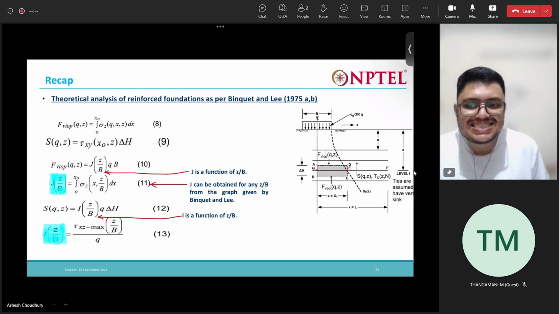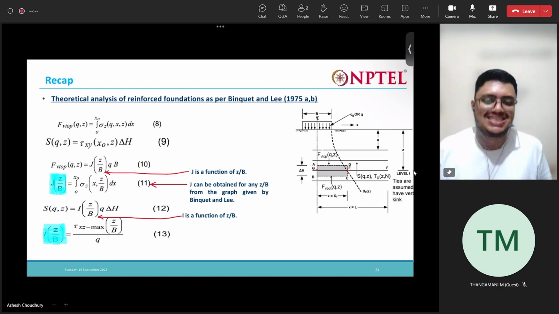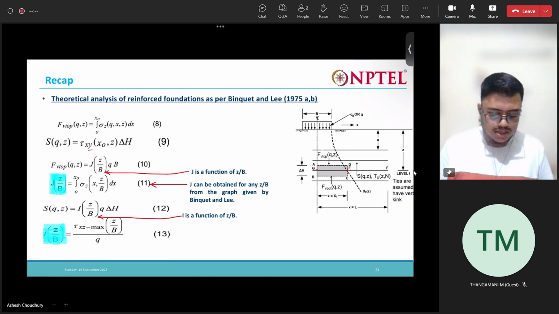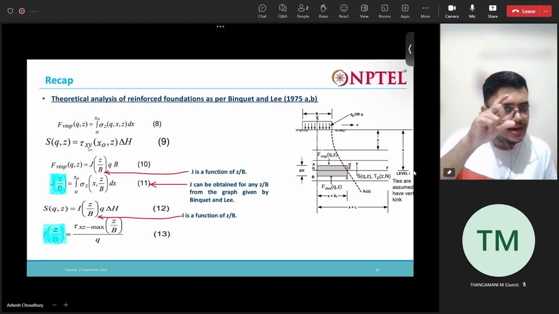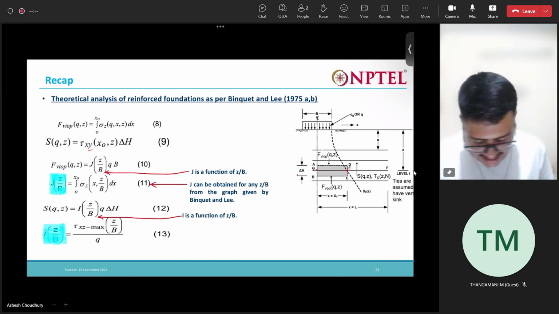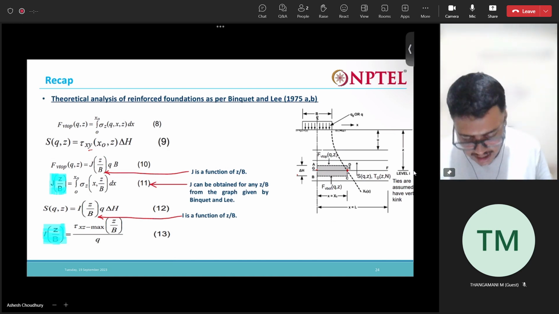Then we have this S. S is nothing but the soil resistance, coming from the shear stresses that are developing. So the shear force multiplied by the thickness of the wedge, that is delta H, gives us this S.